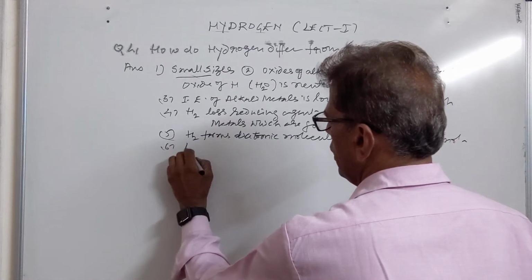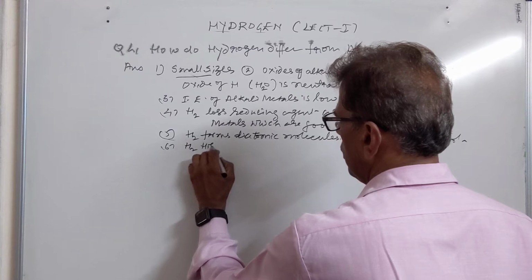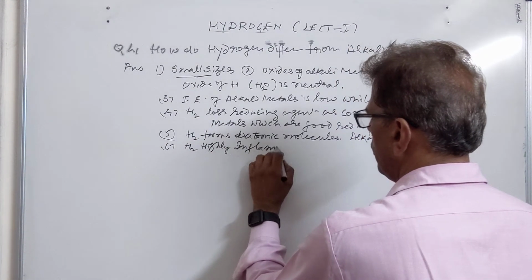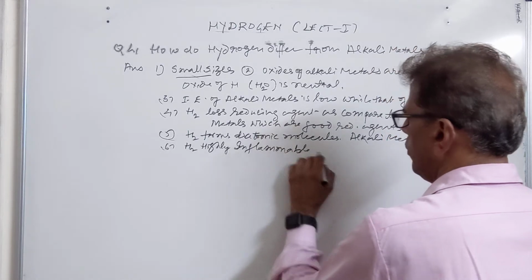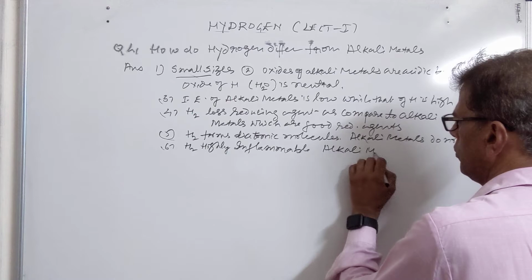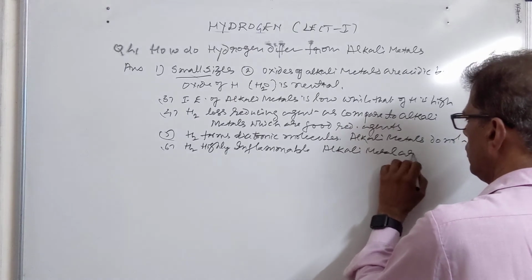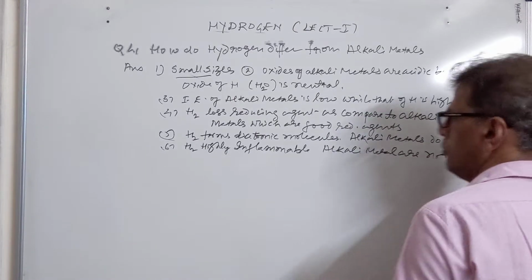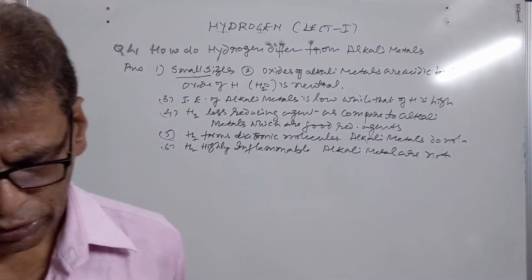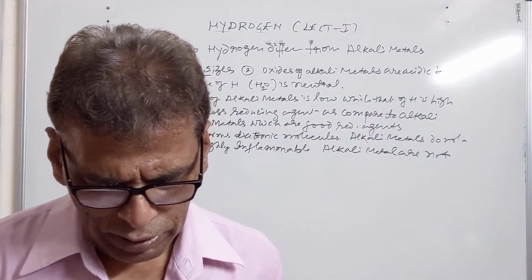Hydrogen is highly inflammable. Alkali metals are not. So these are the differences of hydrogen from the alkali metals.